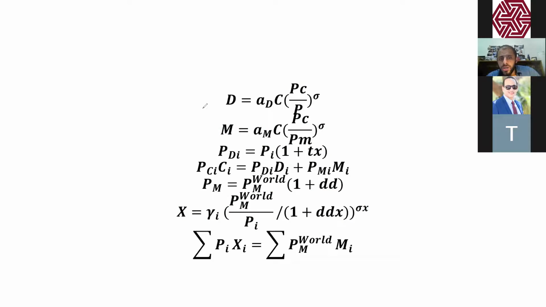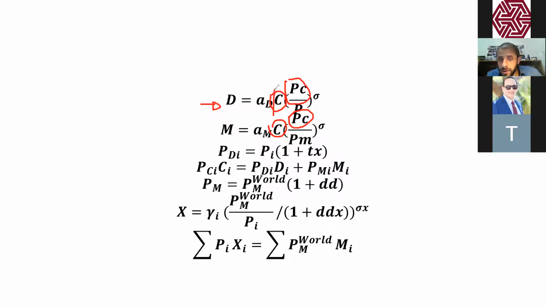The first equation shows that, if you remember, we said that my overall price of consumer is PC, and my overall basket of consumption is C. That's why my overall price and my overall consumption appear in the two equations, because this represents my total demand.